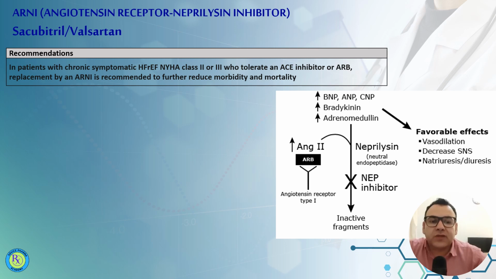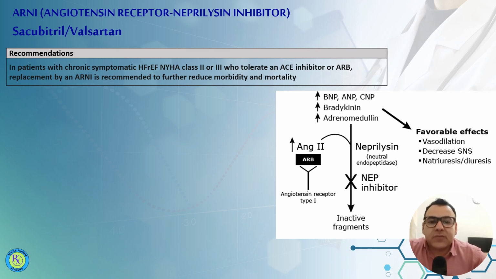All these are benefits for patients with heart failure. So this effect is broken by neprilysin, which degrades these vasoactive peptides. The neprilysin inhibitor, which is sacubitril, will block the breakdown by neprilysin, so it will increase the activity of vasoactive peptides.